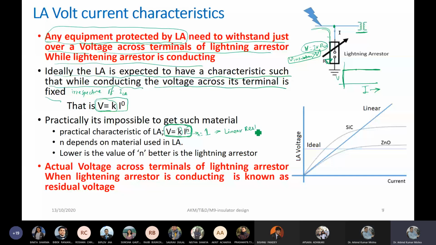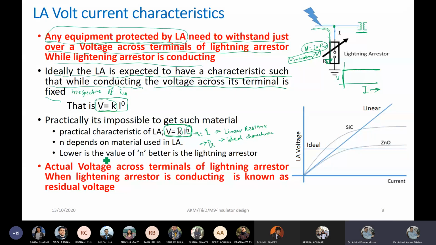If N is equal to 0, then what was desired? That was the ideal characteristic. We cannot go for this, and once the value of N is 1, it is linear. Therefore, as far as possible, the value of N should be as close as possible to 0.